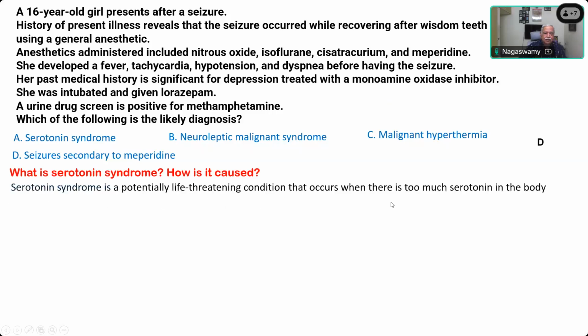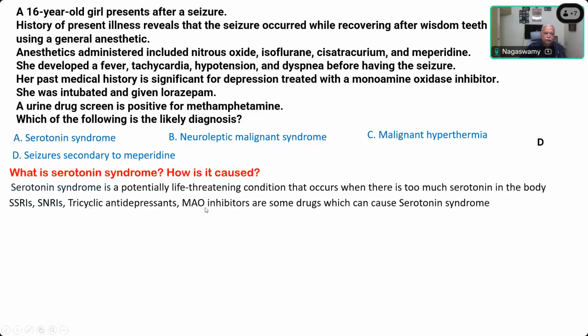This is a life-threatening condition that occurs when there is too much serotonin in the body. So SSRIs, SNRIs, tricyclic antidepressants, MAO inhibitors are all likely to cause serotonin syndrome whenever overdosage of these drugs happens.